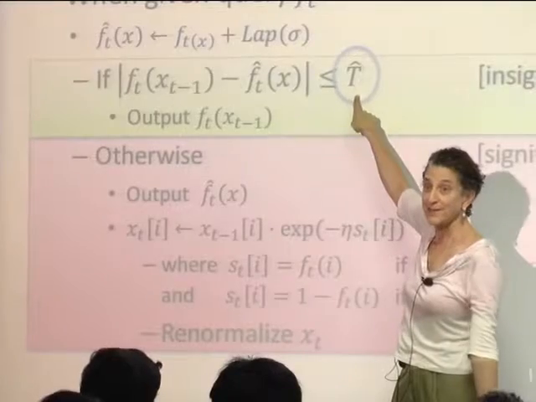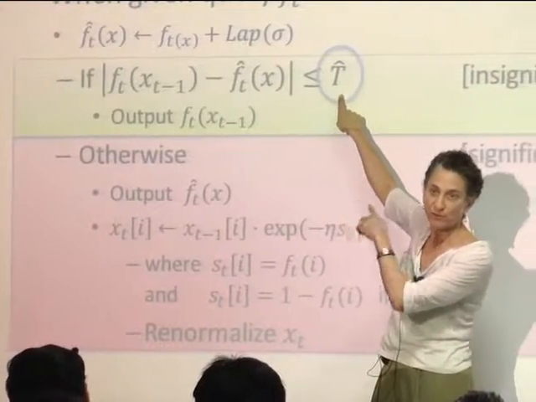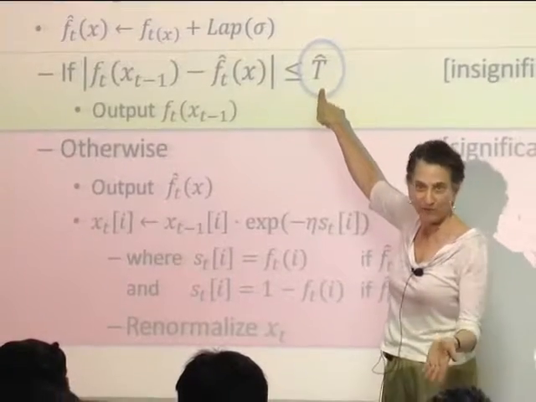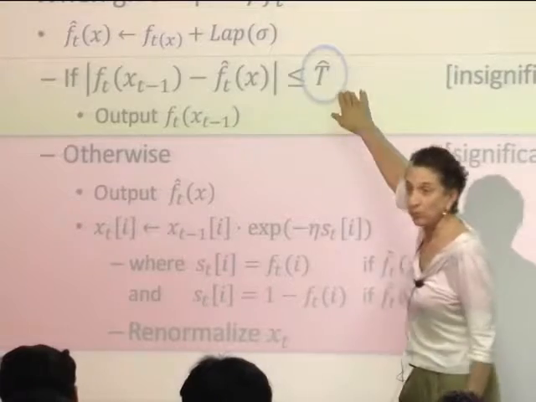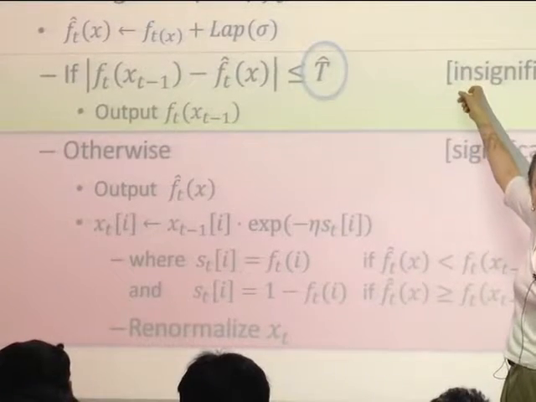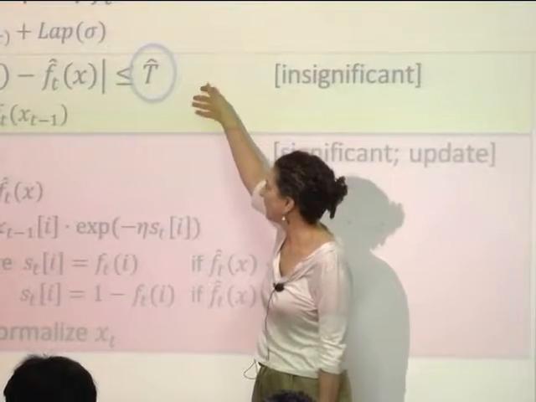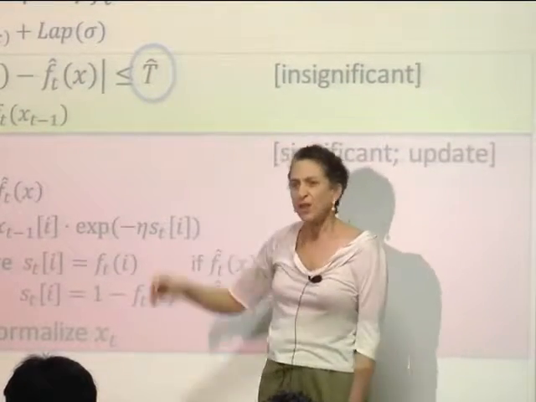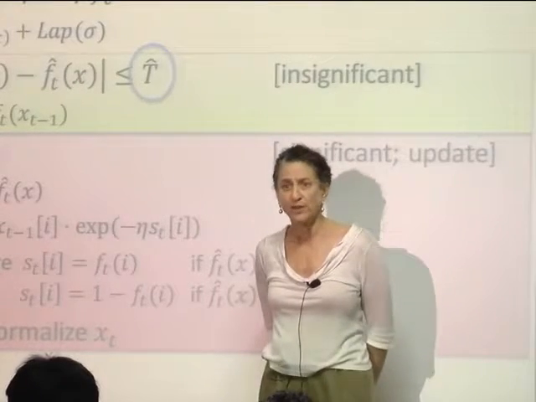Right? Why is it t hat? Well, it's going to be because of the same reason we had to randomize our threshold in the past. This is some threshold t plus some noise. If so, this is not a significant query. What the mechanism is saying is, you already have enough information to compute a good approximation to this.